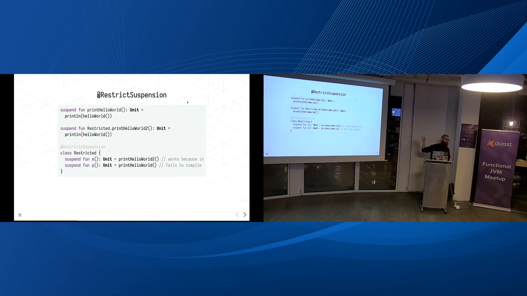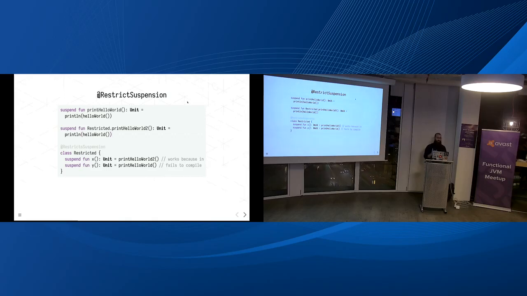And for the non-Kotlin people, this is a receiver, which means that the compiler transforms this to a first argument. And this means that this function is also defined for restricted within the Kotlin language. And for that reason, in fun X and fun I below, print hello world 2 will actually compile because it is defined on restricted, but the other one will not.